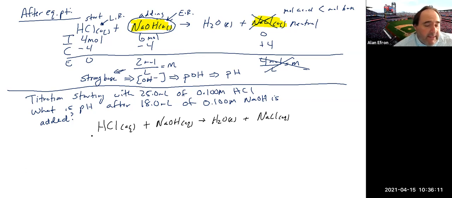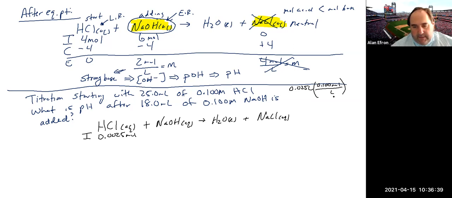We are doing a titration, so we need to get the moles of each of these. To get the moles of our HCl, it's 0.025 times our 0.1, which gives us 0.0025 moles. That is 0.025 liters, which is our 25 milliliters, times our molarity of the acid, giving us 0.0025 moles of HCl.